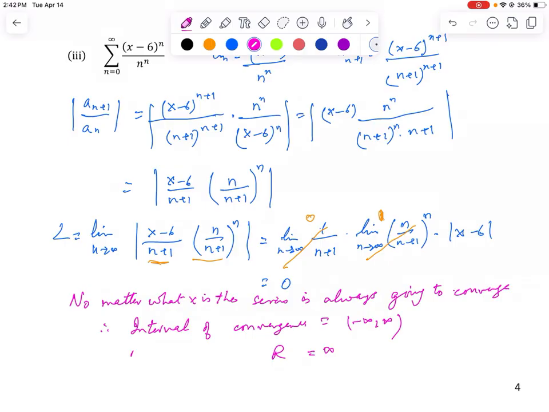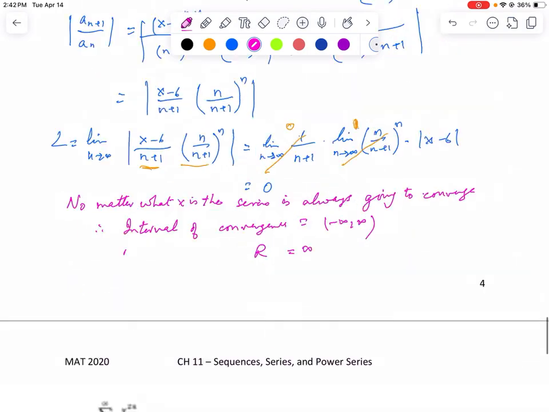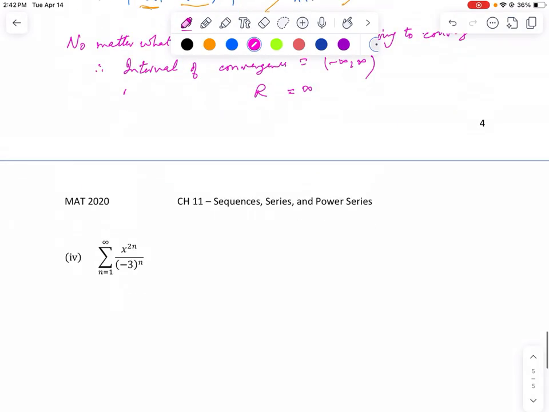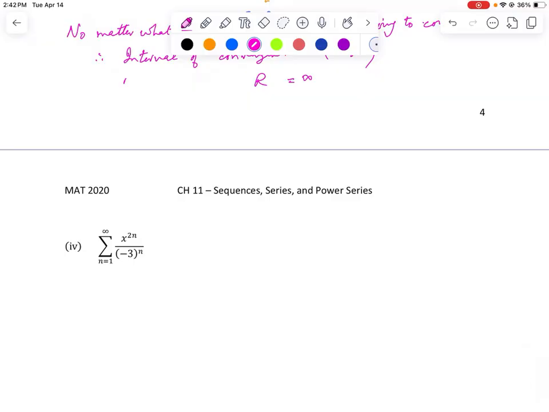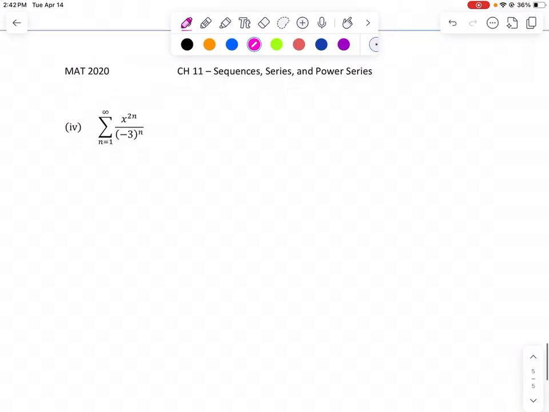Before that, in the first example, there was a particular interval of convergence, and both endpoints were included in the interval. I have one more example, but I will stop the video now and let you try this one, and then I'll come back in the third video to show you the solution.